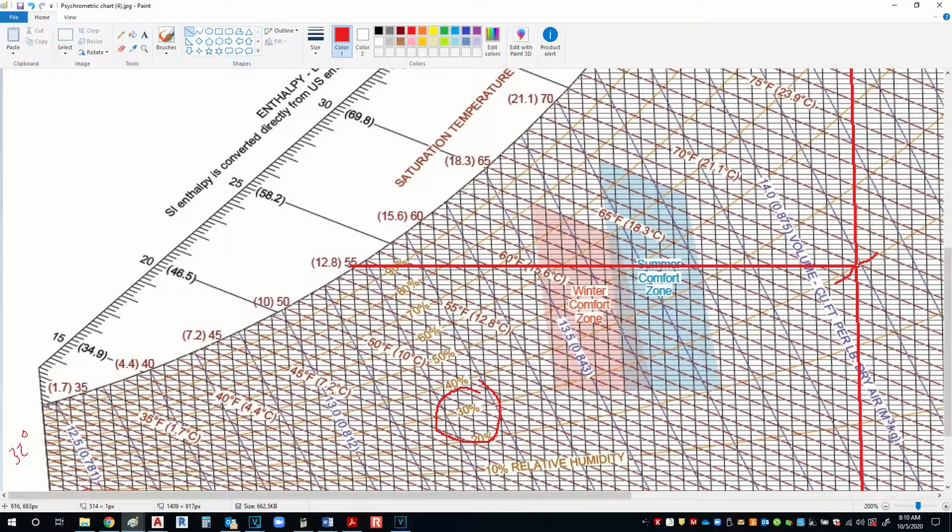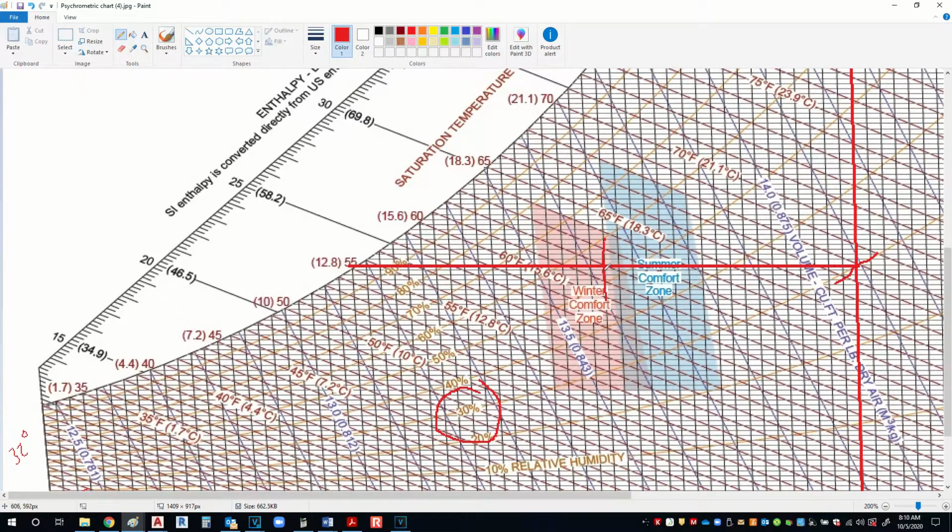All right. So the comfort zone is right here. Notice that these overlap. So this other dark spot here is where the crossover of winter and summer comfort zone is. But this is the comfort zone, which is the blue one.